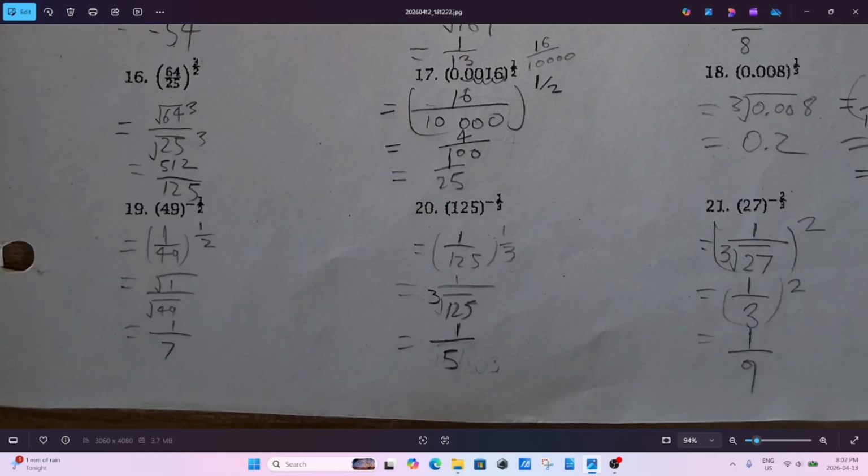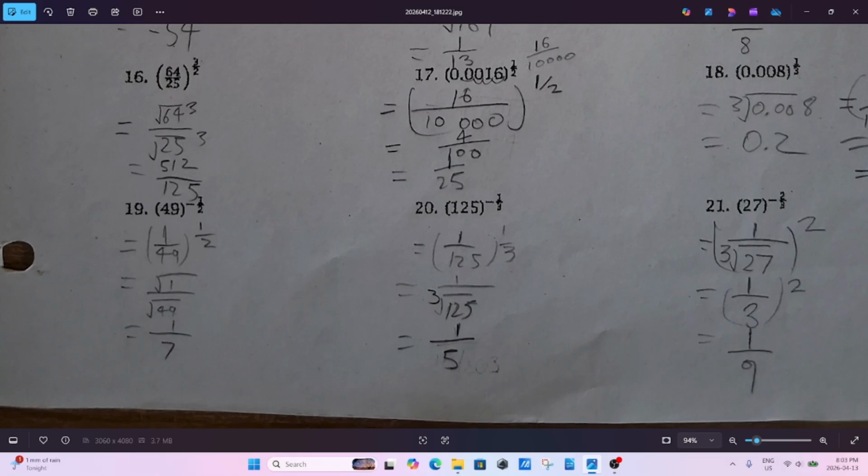Question 19. 49 to the exponent negative 1/2 is equal to 1 over 49 to the exponent 1/2, which is equal to square root of 1 over square root of 49, which is equal to 1 over 7.